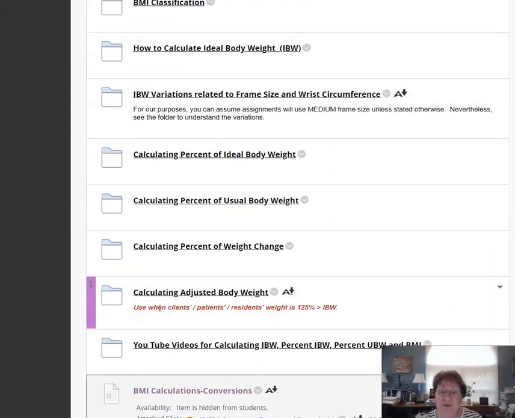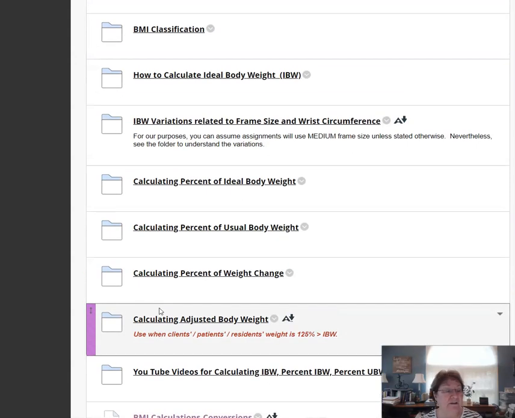And we have a number of other folders here. This particular folder explores how to calculate ideal body weight, the percent of ideal body weight, adjusted body weight, BMI, several others there, and also contains several YouTube videos demonstrating these calculations.